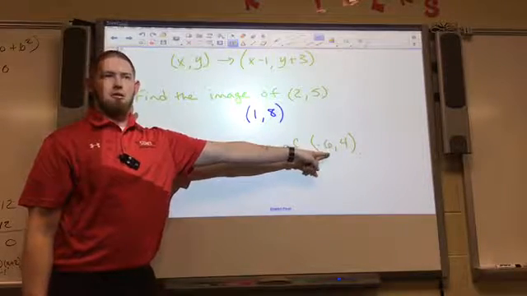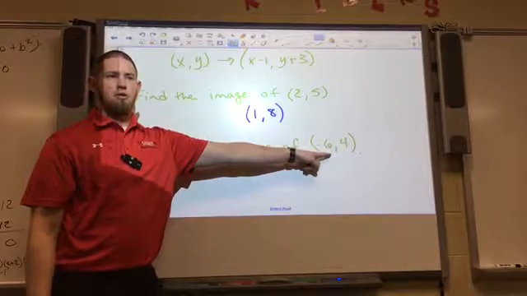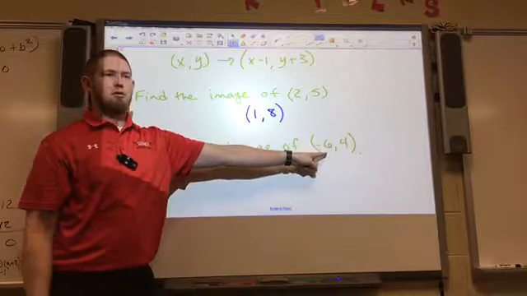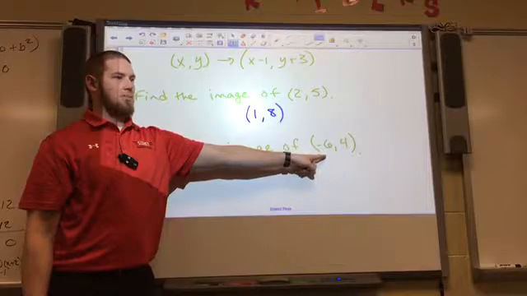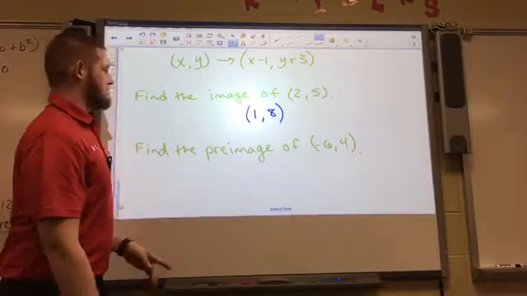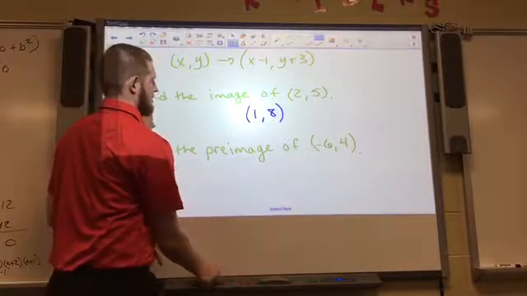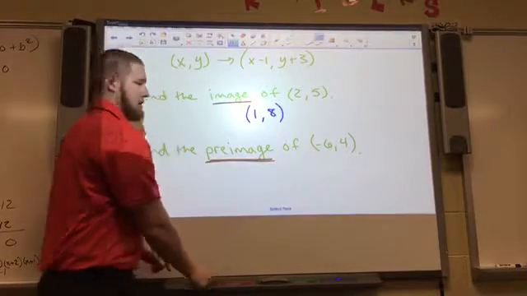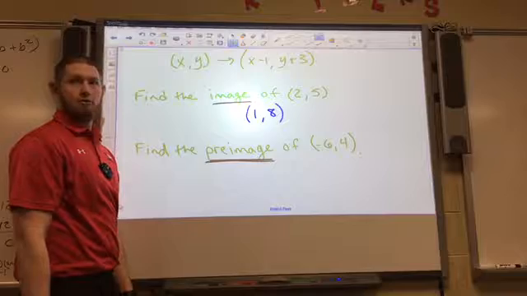So that means that's the ending point, right? So how do I find the pre-image if I know this is how we got to here? Good. I have to do the opposite, don't I? Okay, so you have to be very careful when you're doing your assignment, because the words image and pre-image make this problem very different, correct?